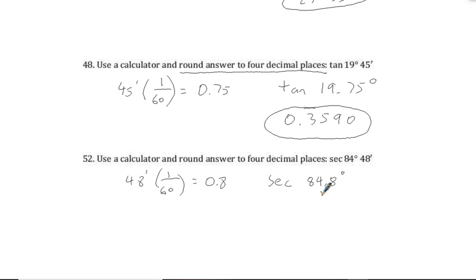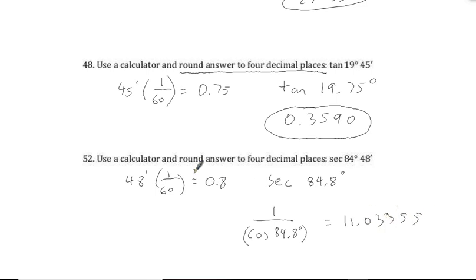We have to remember its reciprocal function, and instead remember that secant is 1 over cosine. So I'm going to say 1 divided by cosine 84.8 degrees, making sure that this is in parentheses under the fraction, and we will get an answer of 11.03355.